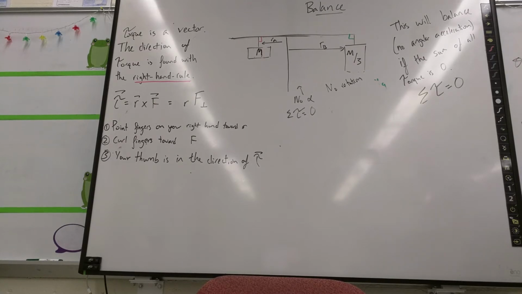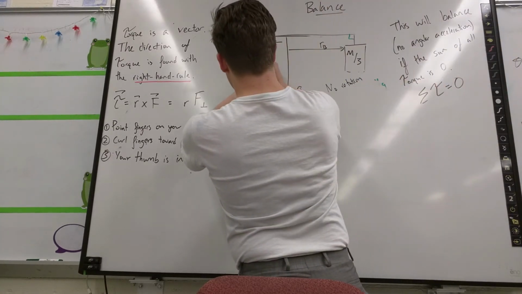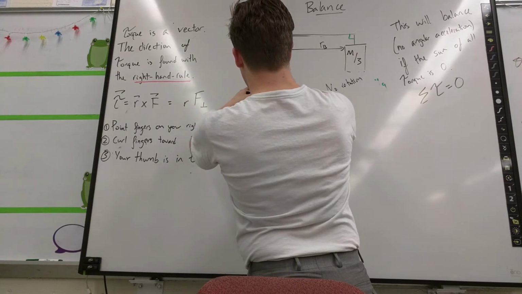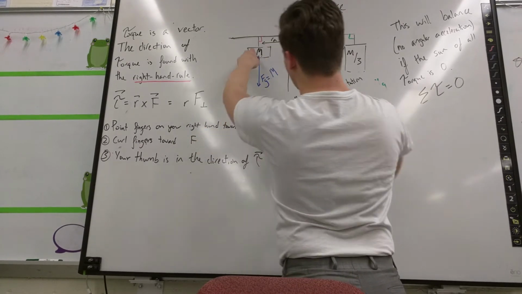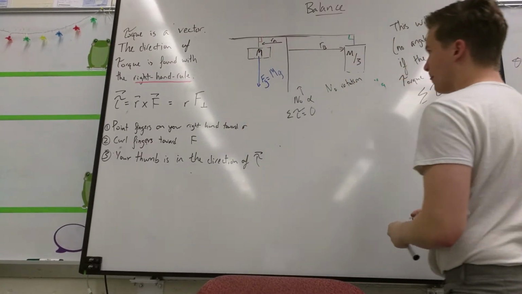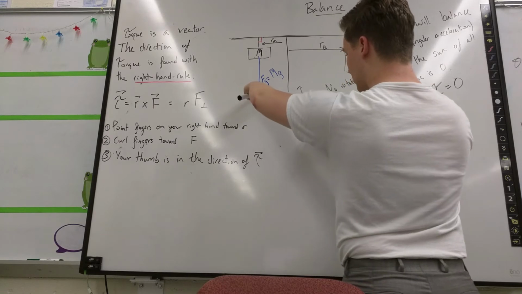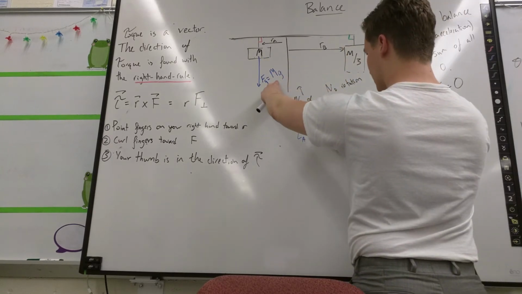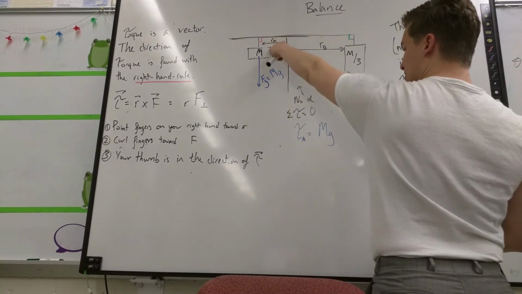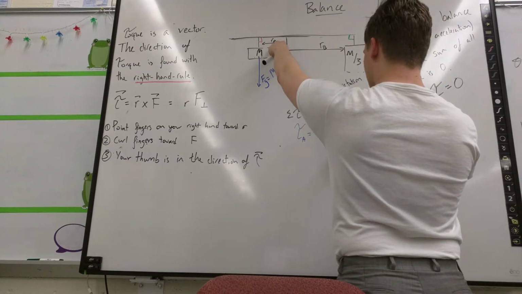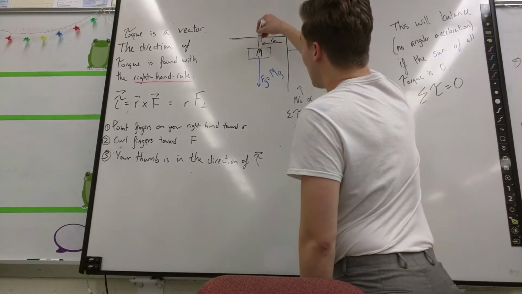I'm going to look at each force that's acting on my balance and then come up with the torque it causes. On mass A, the one on the left, I have a force due to gravity, Fg, which is big M times little g. So the torque here, which I'll call torque A, is the force, mg, times the distance away, Ra, times the sine of the angle between them.